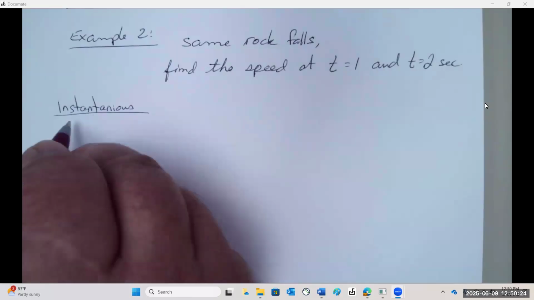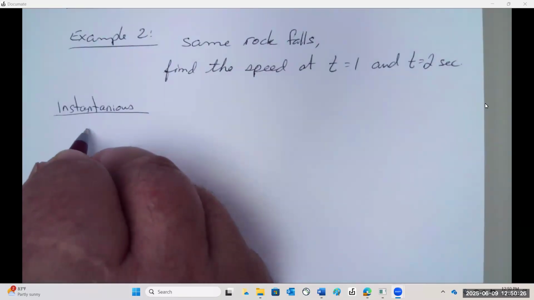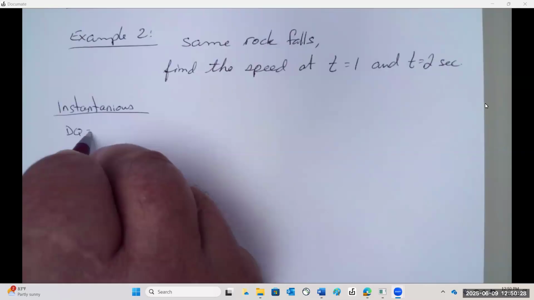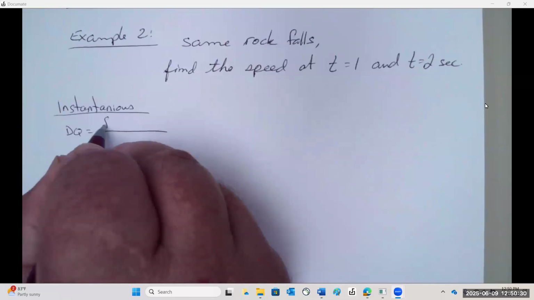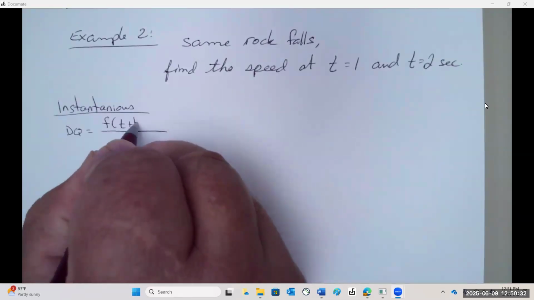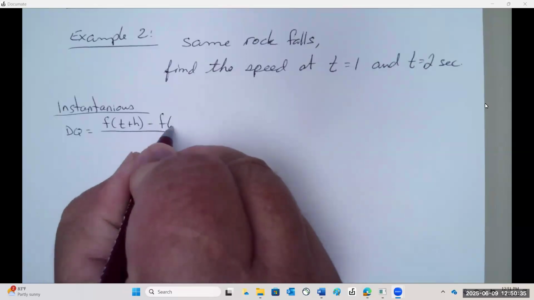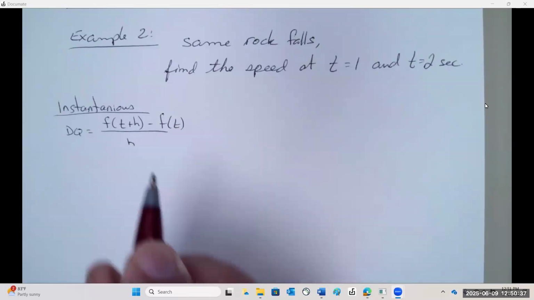So remember, our instantaneous formula is the difference quotient, which is f of t plus h minus f of t, all over h.